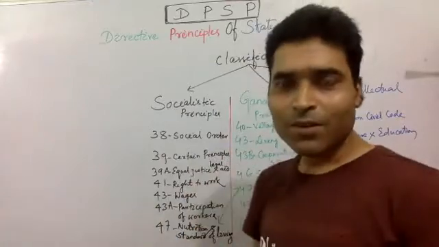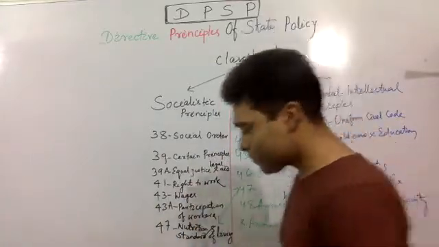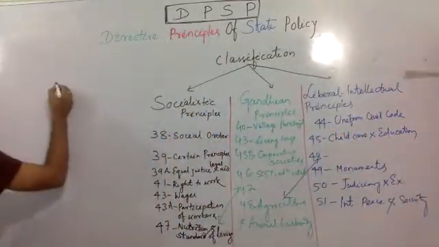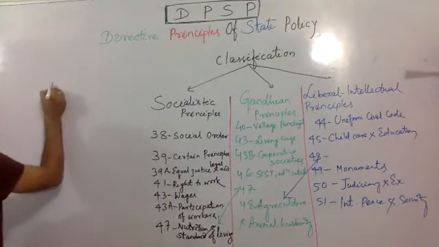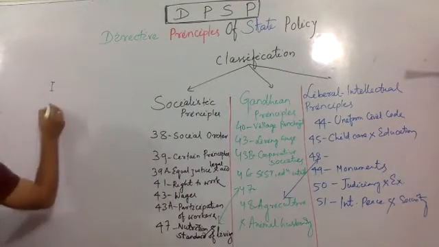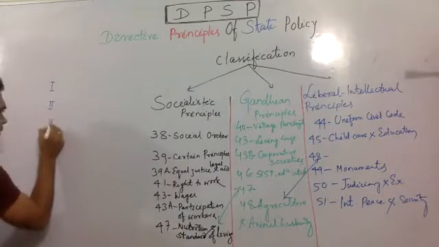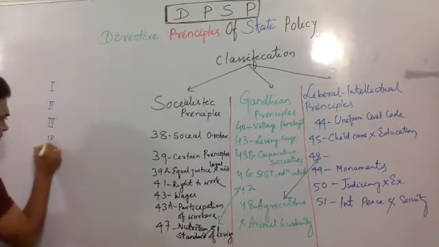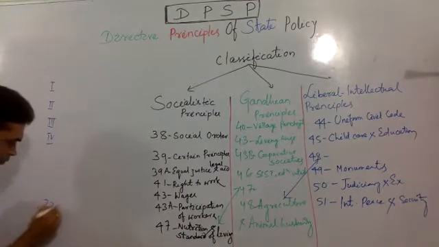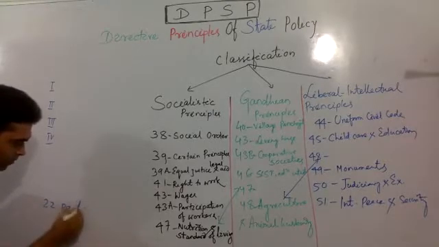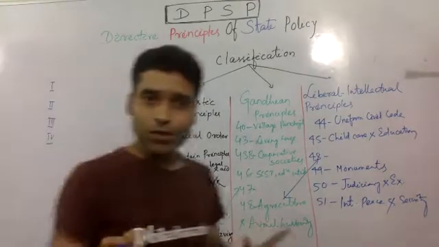Let's understand. The first thing is that in our Constitution, we have first part, second part, third part, fourth part, up to 22 parts. Are you getting my point? Right? 22 parts.